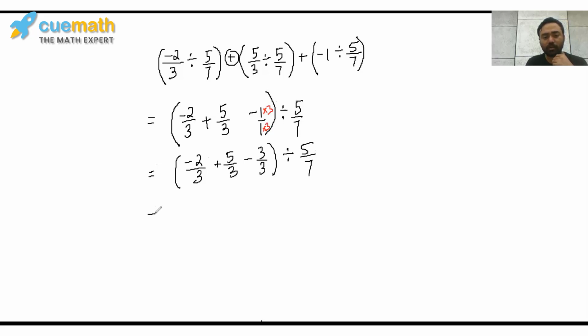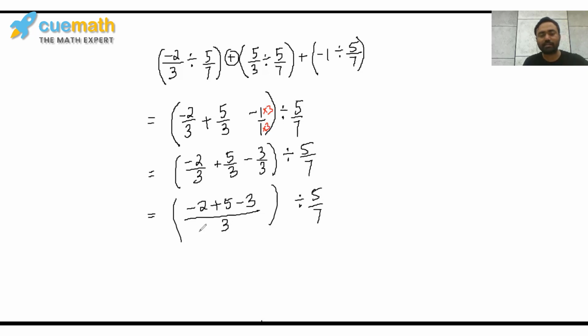Now we take the common LCM of the three fractions. We are going to get 3, and then we have negative 2 plus 5, negative 3, divided by 5 over 7. Now we see that negative 2 and negative 3 would become negative 5 plus 5 over 3, divided by 5 over 7.